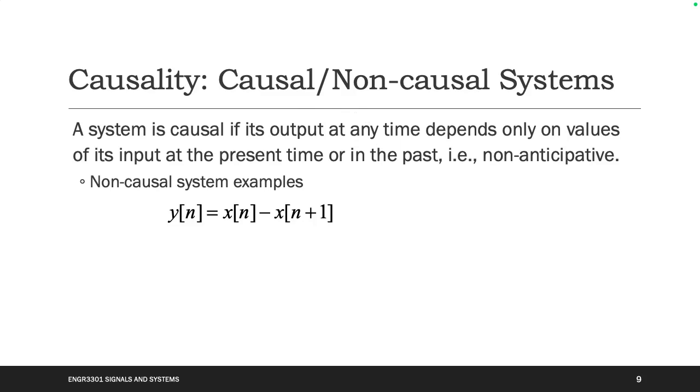For example, when my present time is 6 o'clock, what's the time for this one? 6:01. Is it a past time or a future time? Yeah, it is a future time. So that's the reason why it is non-causal, because it not only depends on the present time or the past time, it depends on the future time.